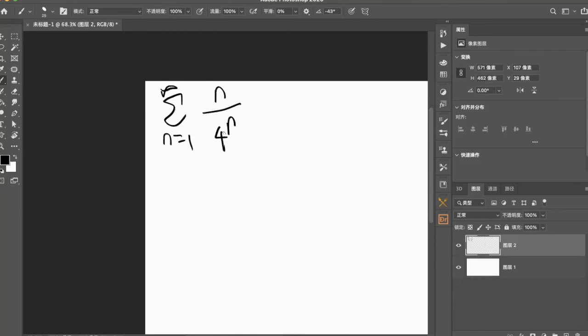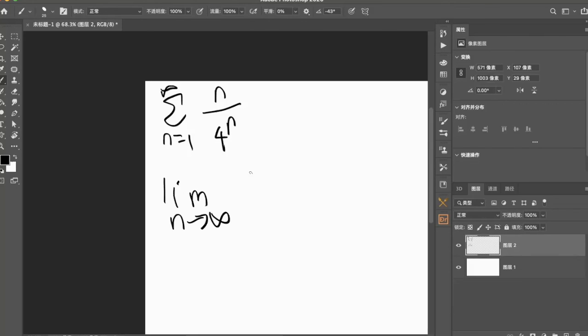So another easy pattern to see: if you have some kind of 4 to the n at the bottom and the top is not a power, the ratio test will be the first thing to come to mind. Why? Well, first, like last time, n plus 1 and n minus 1 can easily make a power into a constant, and if the top and bottom don't have the same power, you don't need to use the root test. It's just a pattern you start seeing when you do a lot of questions.